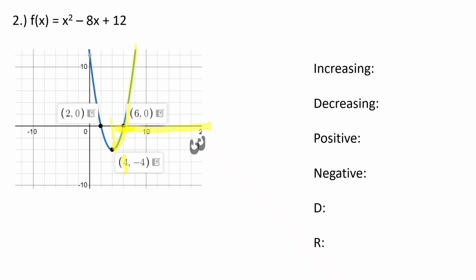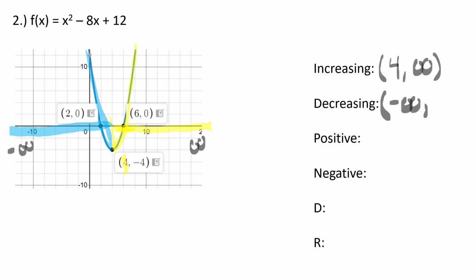So this would be 4 to infinity. Decreasing is this piece over here, and that goes all the way to negative infinity. So it's decreasing from negative infinity and stops decreasing when x gets to 4.